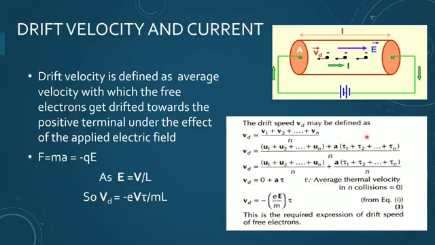Similarly, I can find it for the second electron. u1, u2, u3 are the initial velocities of the electrons when no electric field is applied. When no electric field is applied, all the electrons are at rest, so the initial velocities are 0. If a is the acceleration, then I can write Vd equals a tau.